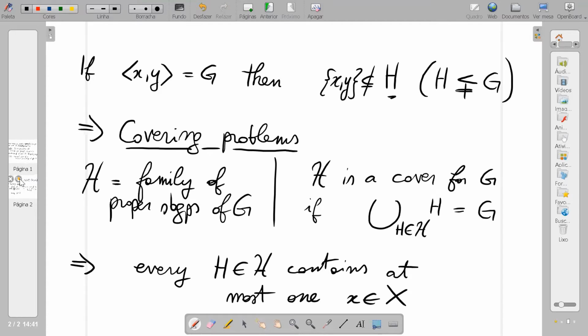Now this gives an interesting inequality.